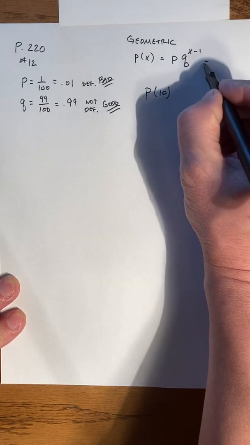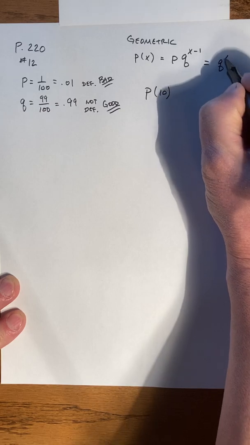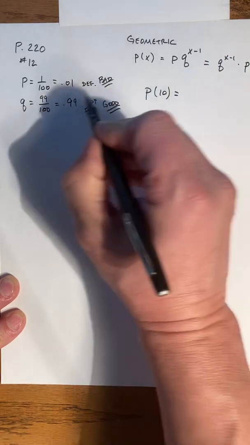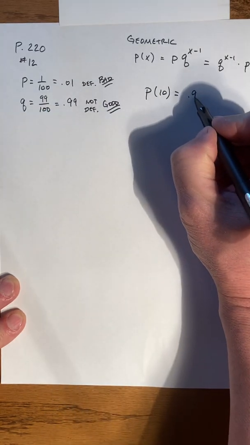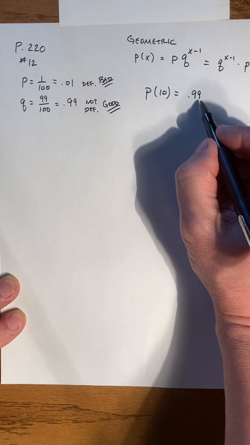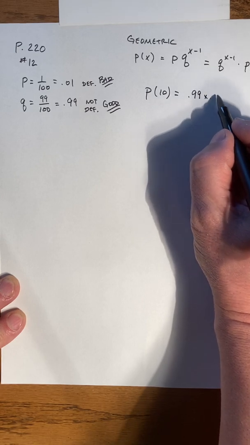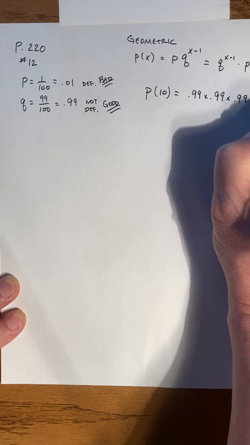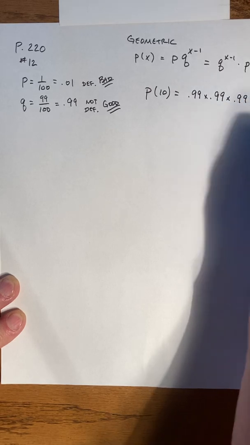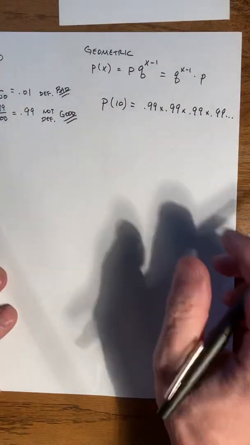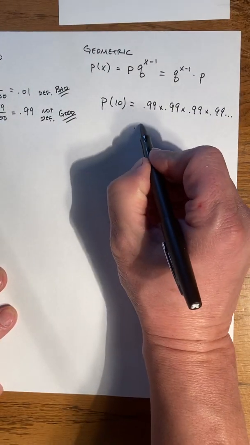This formula would actually be better written like this. Because think about it, what I'm getting is I have a 99% chance of getting a good part the first time, times the 99% chance the second time, and I want to get a good part the 3rd time, and the 4th time, and it goes on and on, right? And what happens is we can call this 0.99.